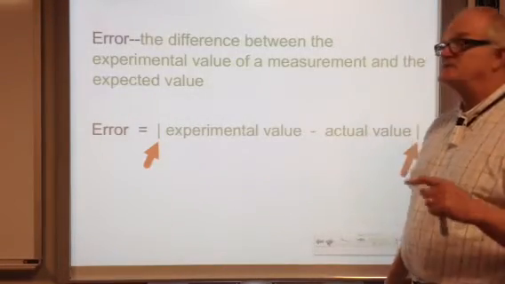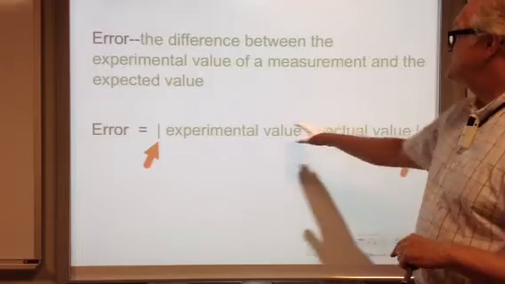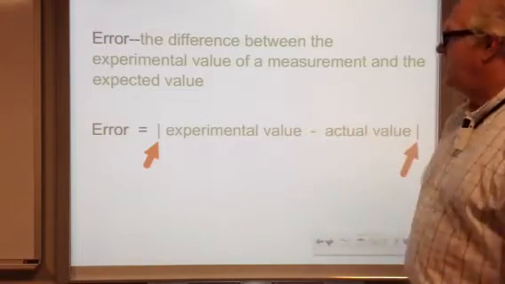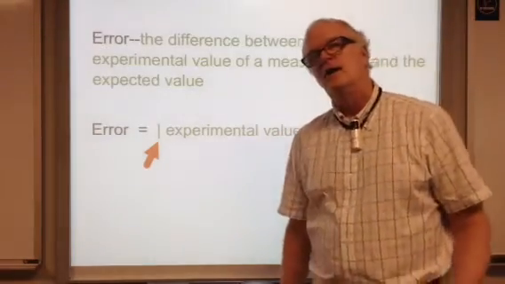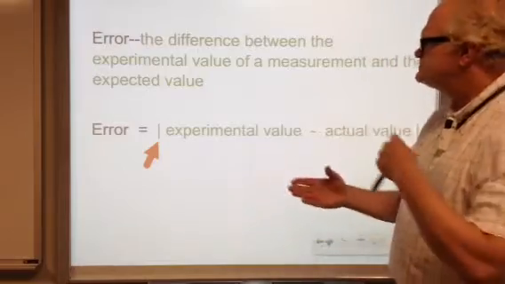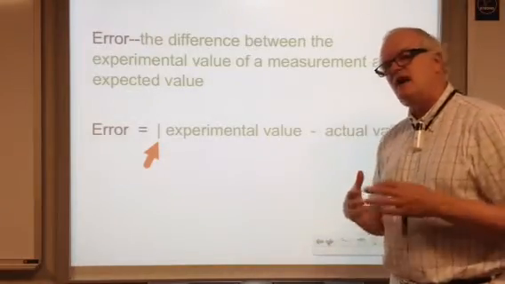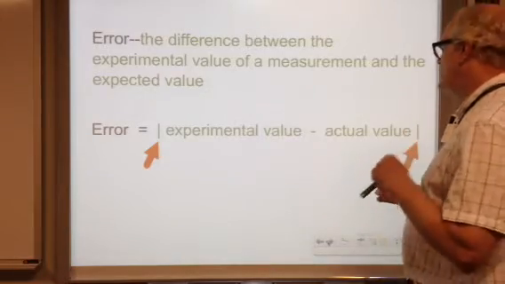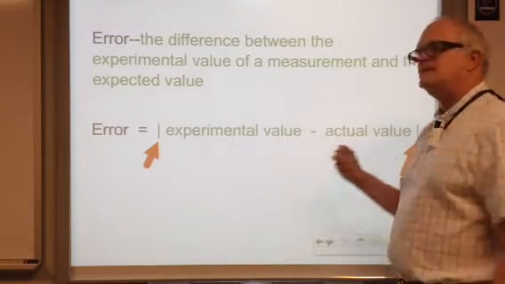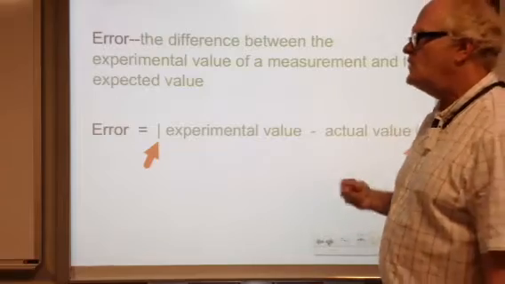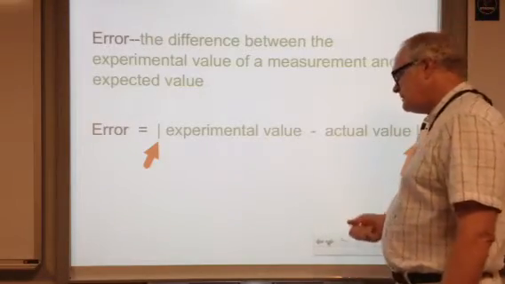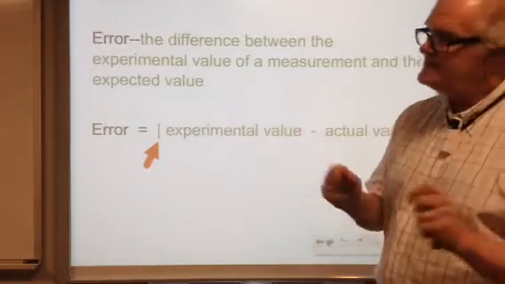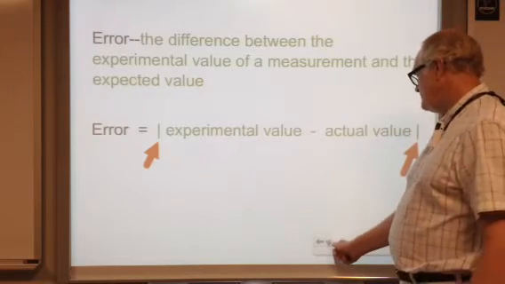So some books will actually tell you that you should subtract experimental value from actual value to get error. And we're going to take care of that contradiction by saying it doesn't matter which one you subtract from which other one. We're always going to take the absolute value. We're always going to get a positive number for error. Not everybody does it this way, but we will do it that way.